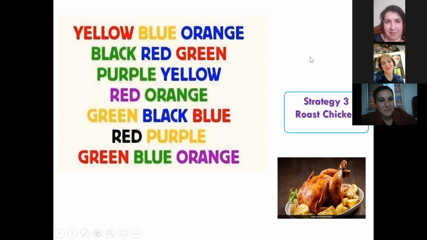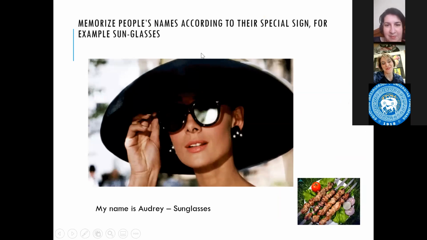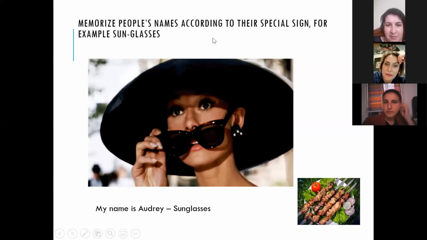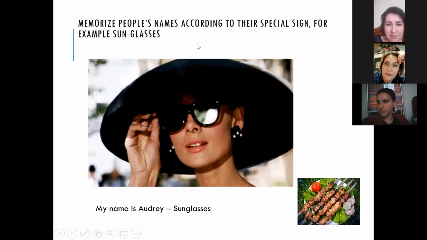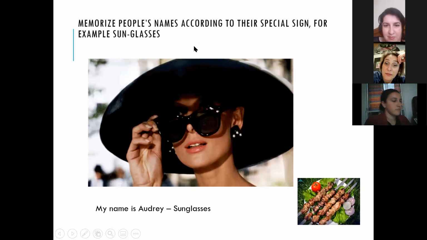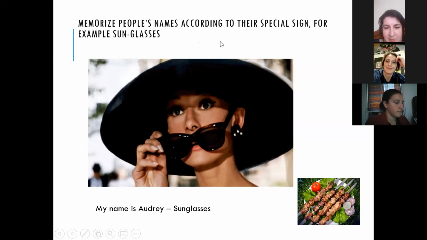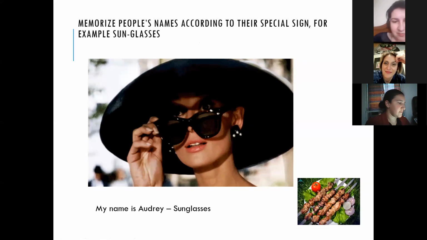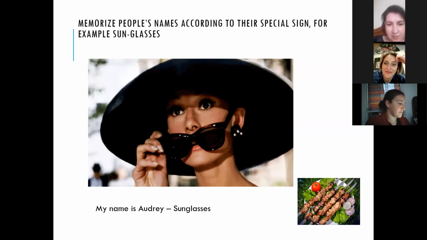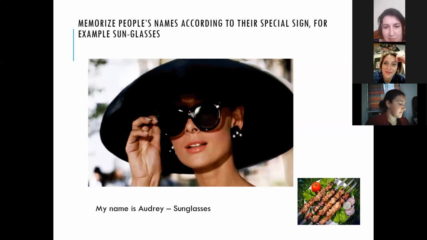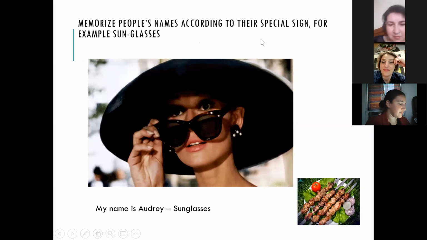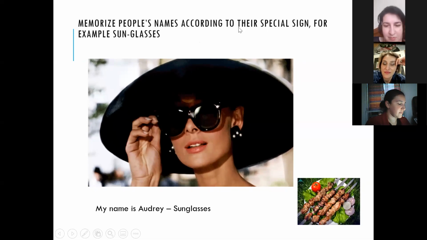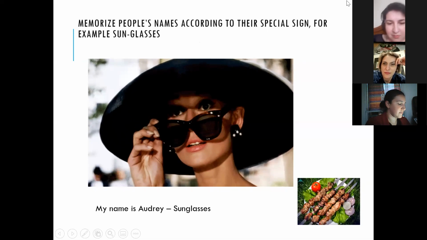Okay, the next strategy could be used for memorizing our students' names, or maybe the names of some other people, because some people can't remember the names of maybe doctors or teachers, etc. But you can choose a special sign, or a special characteristic of the person, maybe the color of hair or something like that.